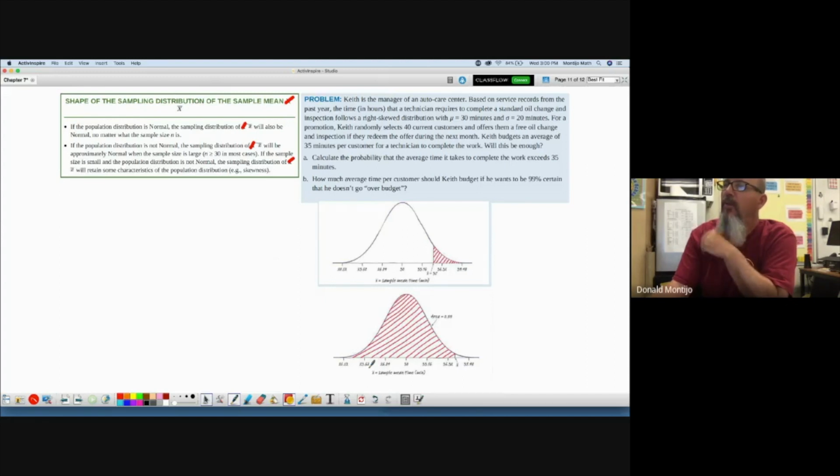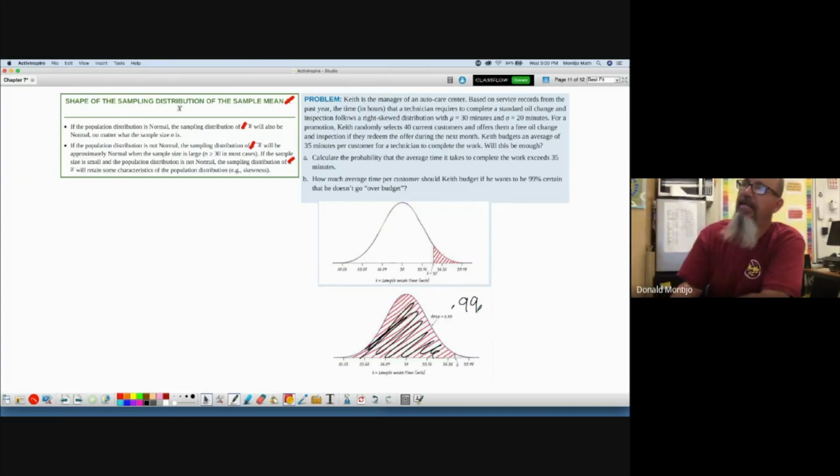So they're asking us, it's going to be 99% sure that he doesn't go over budget. So this area in here is equal to 0.99. They want to know what should x bar be, or what time should he budget to make sure that there's only a 1% chance that he goes over.